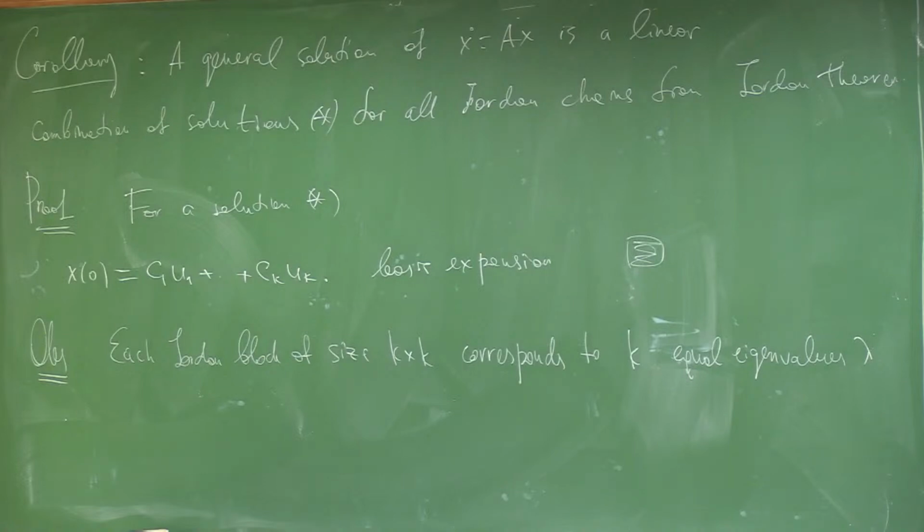Because it's a block, all lambdas are on the diagonal, so they are eigenvalues. So it corresponds to k eigenvalues lambda, but just one eigenvector, because this block only has one eigenvector. If you subtract the diagonal, you can only solve it with 1, 0, 0, 0.